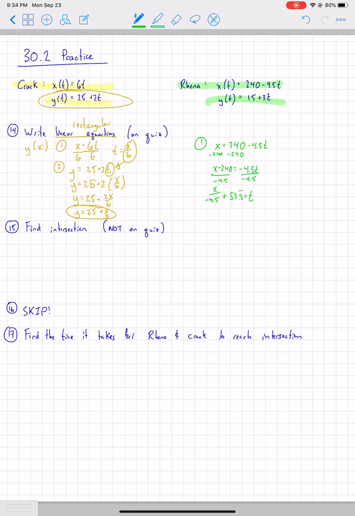Same second step then, plug it back into the equation for y. So y equals 15 plus 3t. We're substituting t in, so we get 3 times x divided by negative 4.5 plus 53.3 repeating. If we distribute that 3, we get 15 plus 3x over negative 4.5.